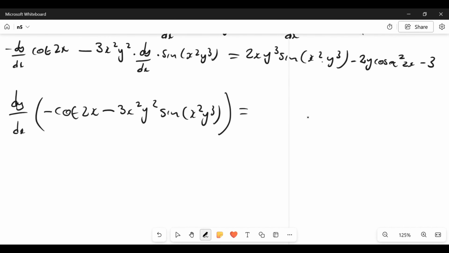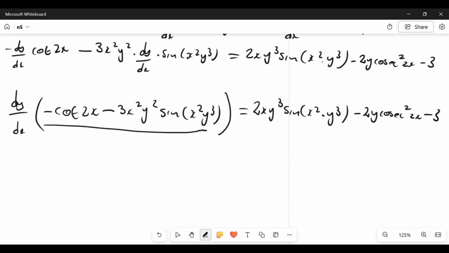And on the right hand side, we're just going to write it as it is. We have 2x y cubed sine x squared multiplied by y cubed minus 2y cosec squared 2x minus 3. There we go. And then we divide by everything that is inside the bracket, both sides. So here we're left with dy over dx.